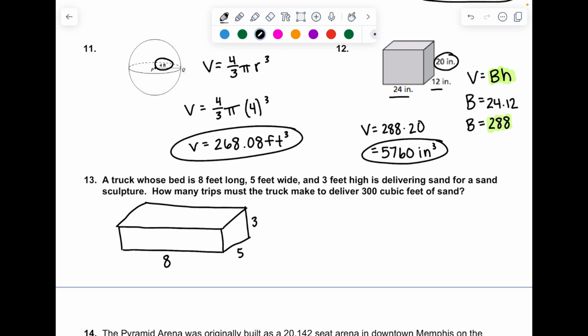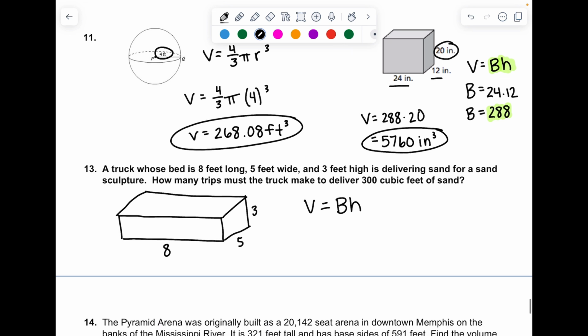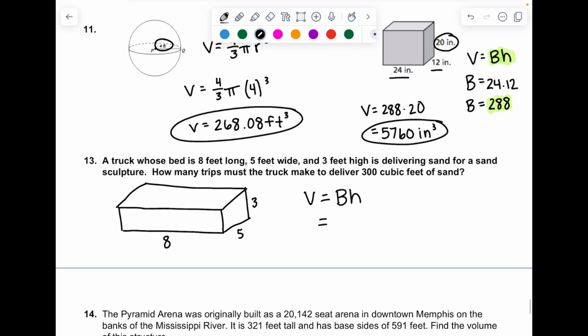So a prism formula is volume equals the area of the base times the height. So the area of the base is 8 by 5. So the area of our base is 8 times 5, which is 40.